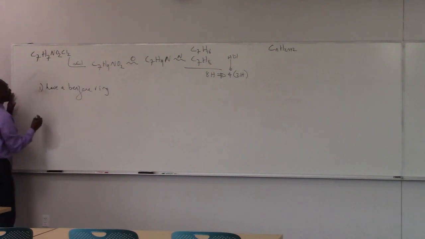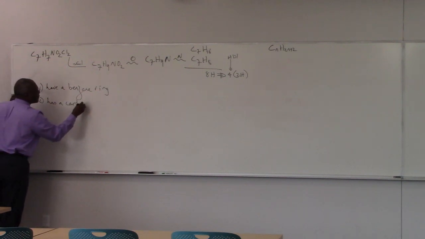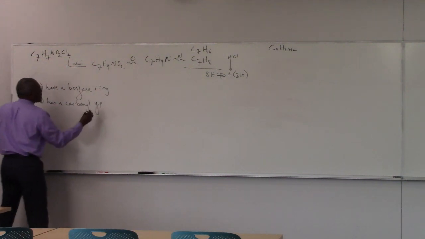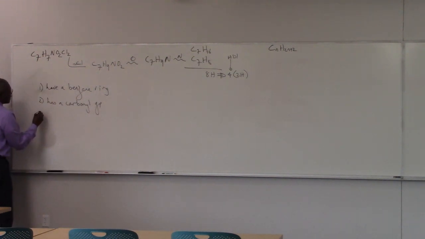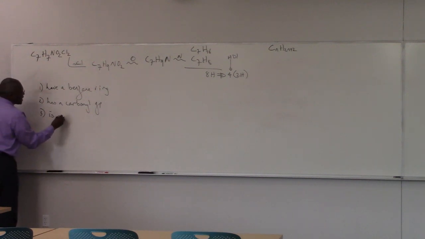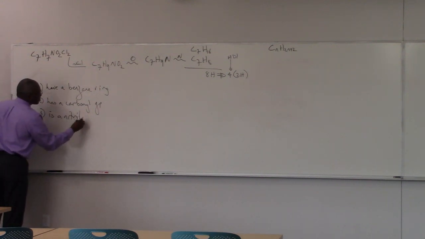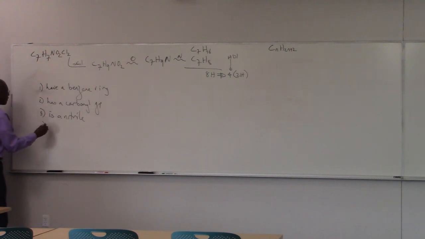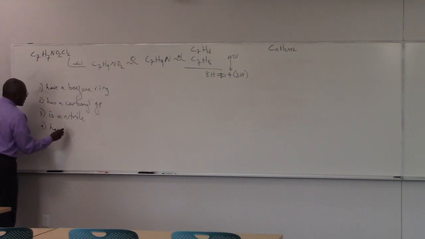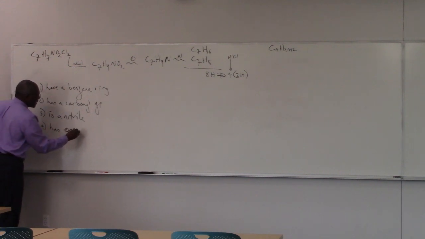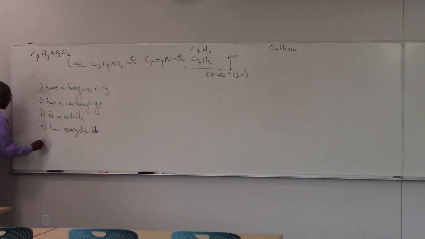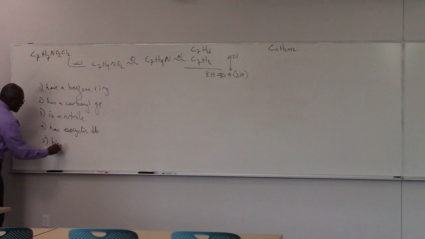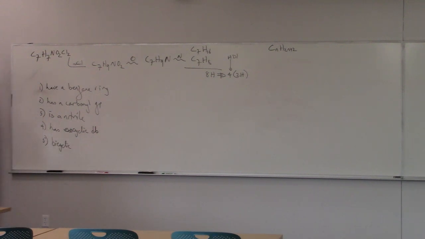I'm going to ask you to draw, two, one that has a carbonyl group, and three, a nitrile, and four has exocyclic double bonds, five is bicyclic. So I'm going to draw 5 isomers.